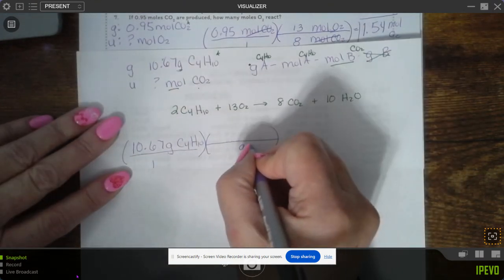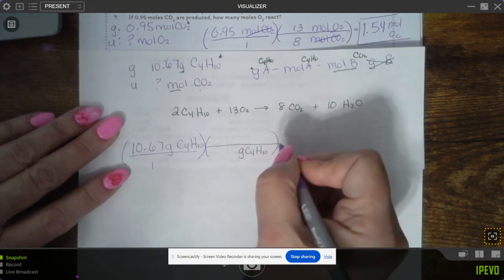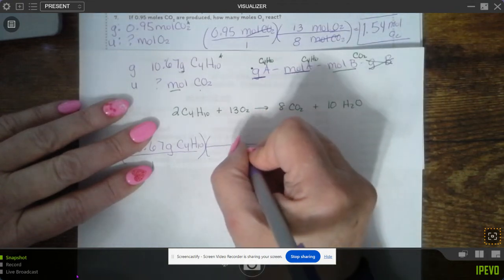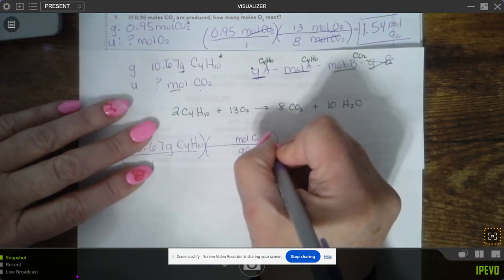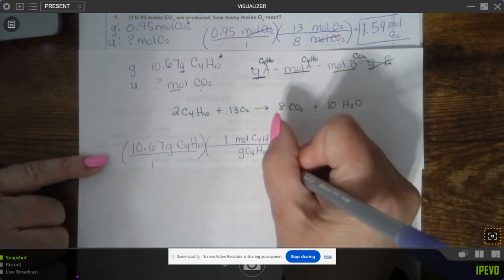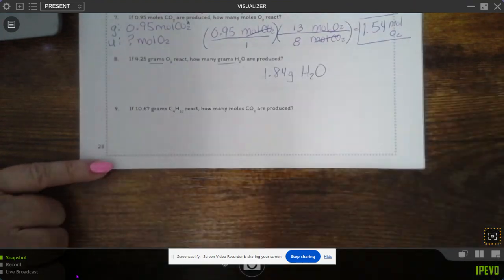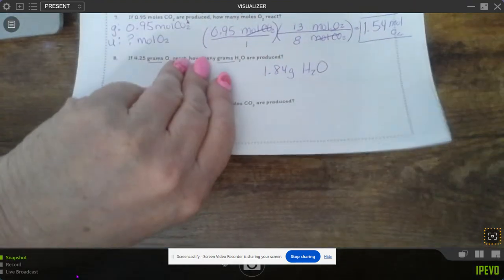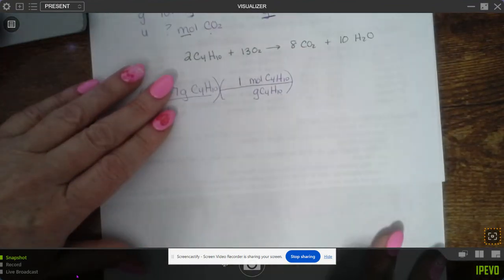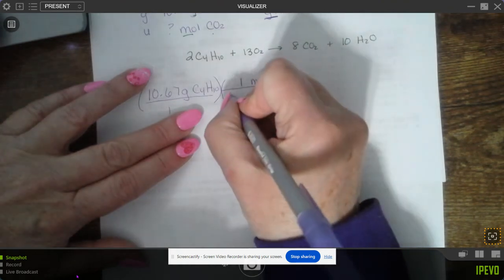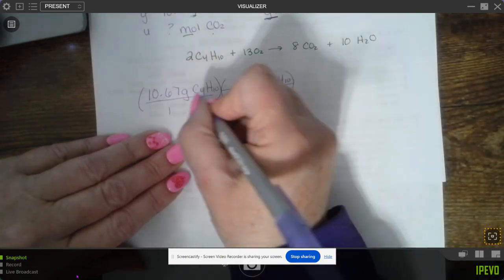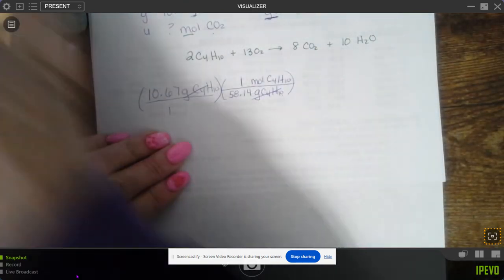So grams of C4H10. Okay, that's this. I want to find moles of A. So moles of C4H10. So this is where we use the molar mass. So 1 mole of C4H10 has a mass of, didn't we just figure that out up here somewhere? Let's see. Yeah, we did. 58.14. Remember, we calculated that a minute ago. So I'm going to save myself time. 58.14 grams. All right, my units cancel out.